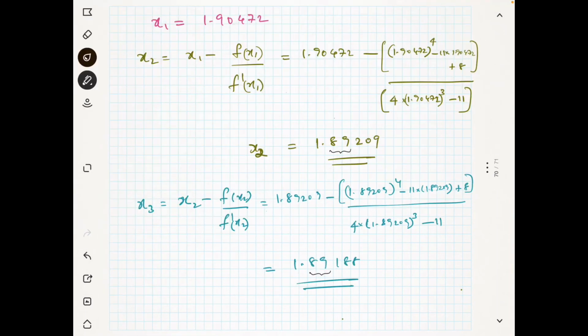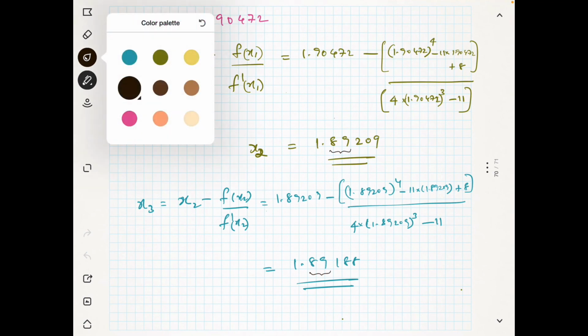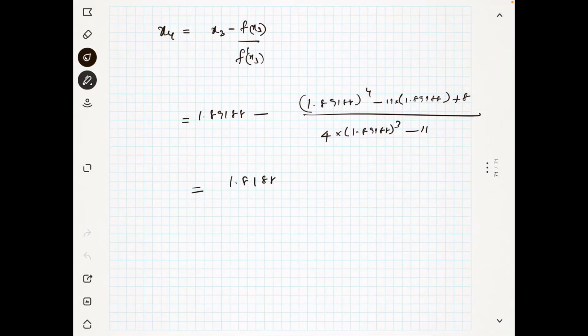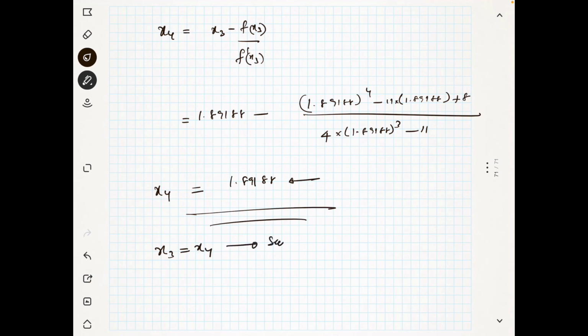You see here, again we are getting 1.89188, so it has converged. So you know that x3 is equal to x4, the same up to 5 decimal places itself.